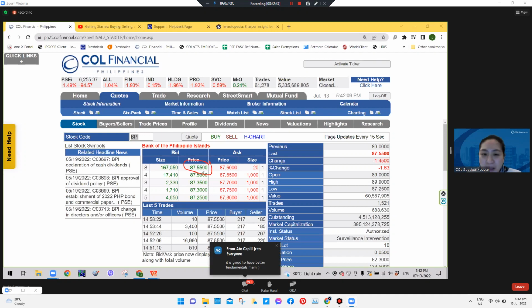You don't get to buy immediately. But if you place a higher amount, which is 87.60 or higher than this one, then you get to buy it immediately. So please take note, this is how you read prices so that you know what price to enter when you are going to enter an order.